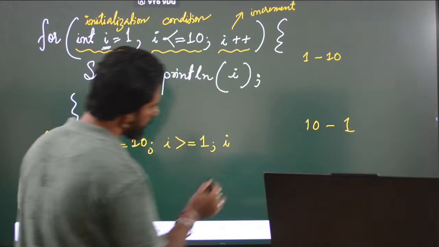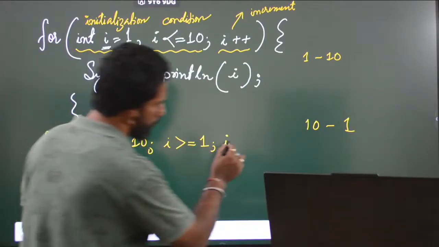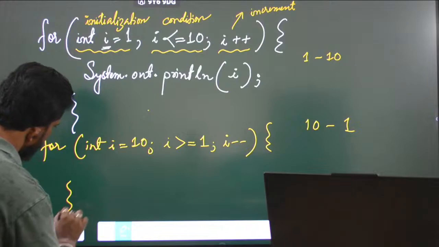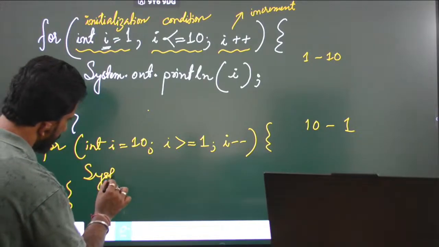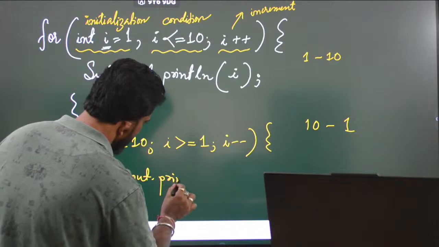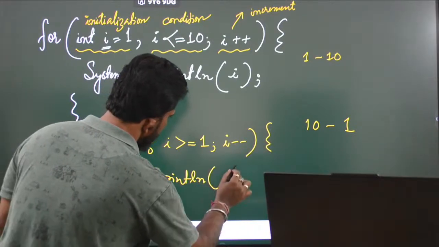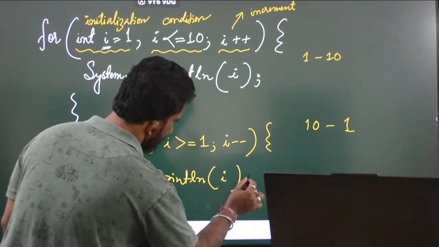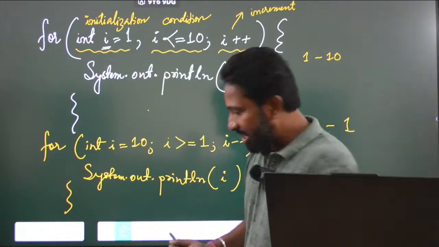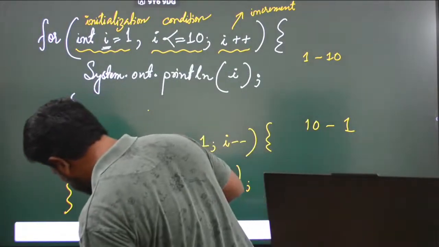Now we are decrementing, so i minus minus. Print the i value only.